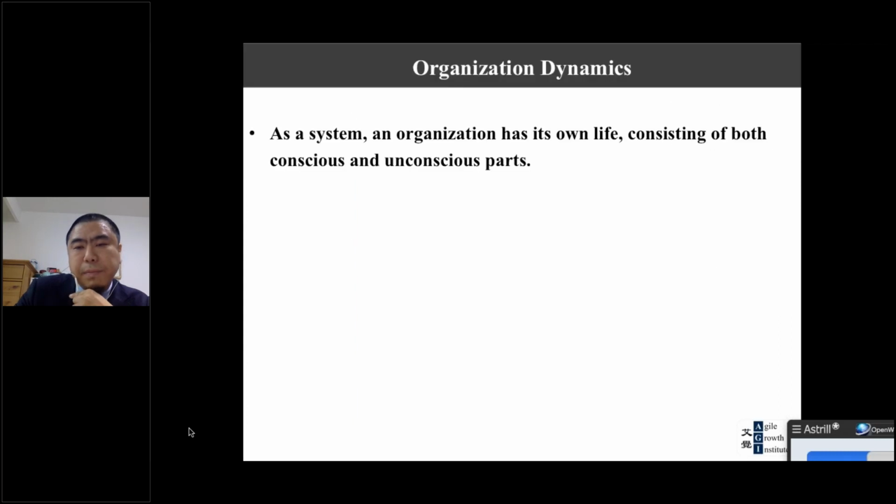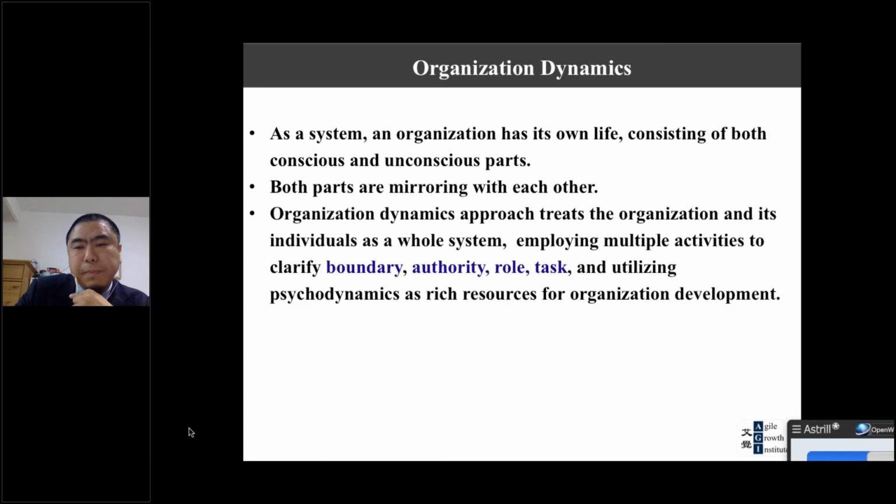So from organization dynamics perspective, a system, an organization has its own life, consisting of both conscious and unconscious parts. Both parts are mirroring each other.